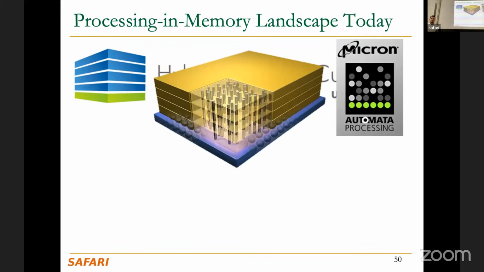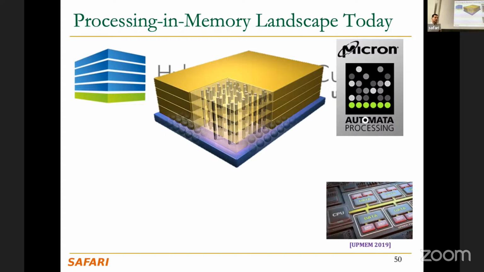It was later followed by other technology, like, for example, NVIDIA GPUs, where you're quite familiar with this high bandwidth memory type of architecture, HBM, which is quite popular for machine learning. Micron also released an automata processing prototype over time.